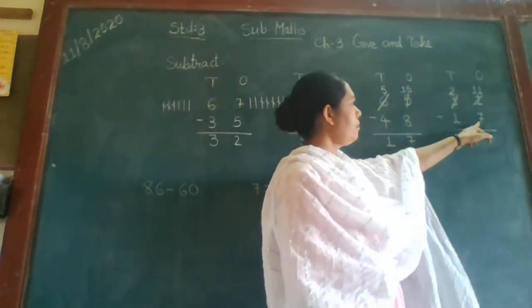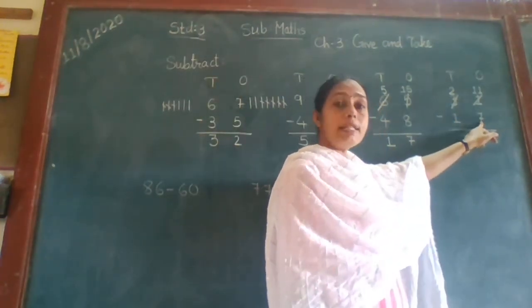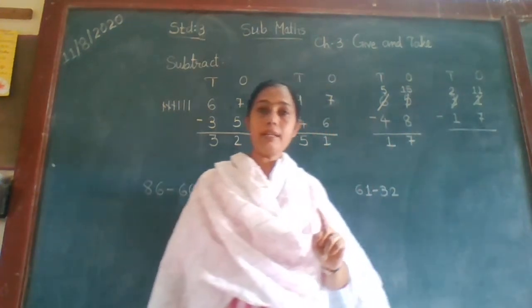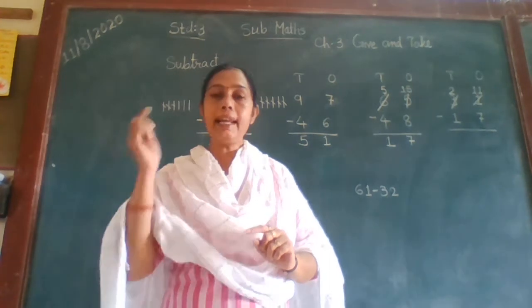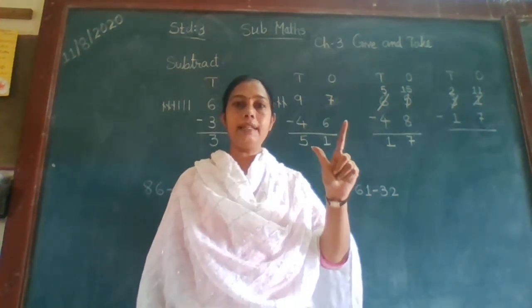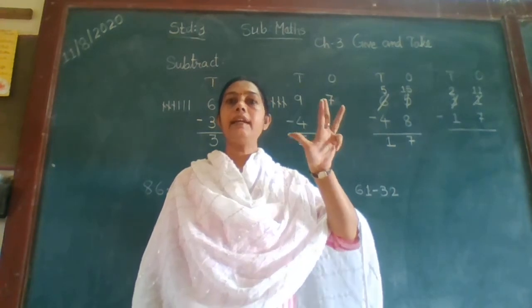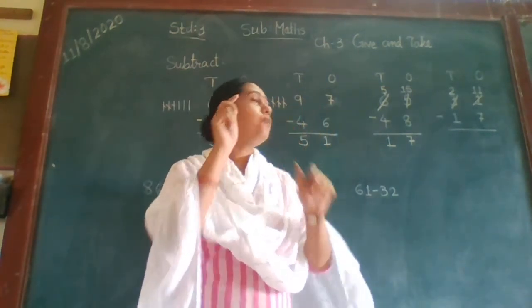So here in the second number, 7 is on the ones place. So after 7 we have to count the fingers till 11. So after 7: 8, 9, 10, 11. How many fingers? 1, 2, 3 and 4.